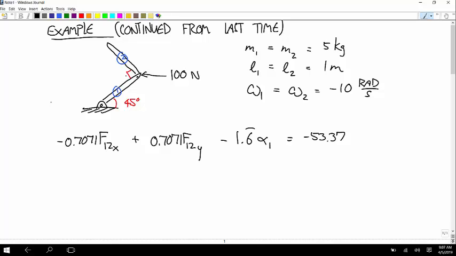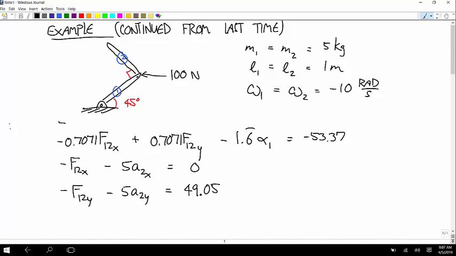And so that gives us three good equations. Those are negative F12x minus 5 a2x, the x component of the acceleration of the center of mass, is equal to 0. The y component equation is negative F12y minus 5 a2y is equal to 49.05.